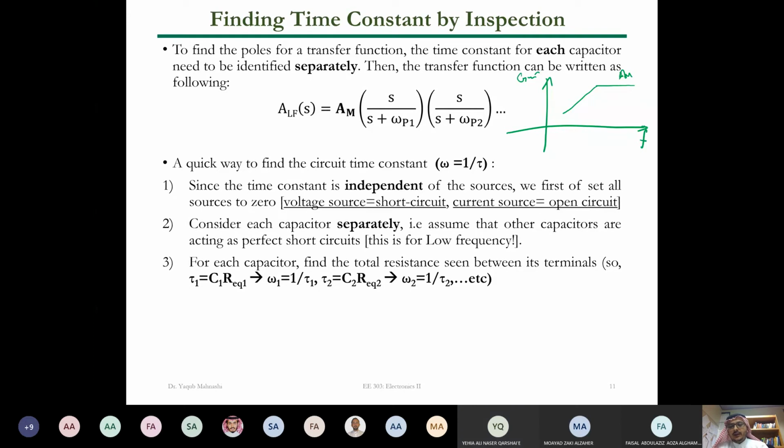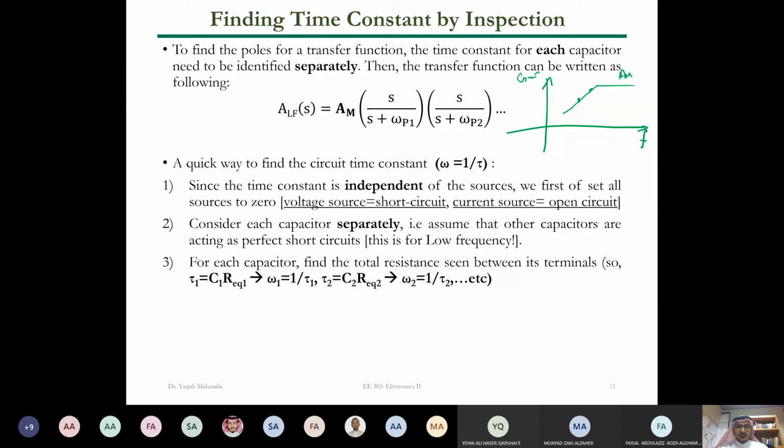So we may approximate this one to be a high pass filter, and then the high pass filter frequencies or poles can be found using the time constants of the capacitors. So in the low frequency, we study each capacitor, or the pole associated with each capacitor alone, okay?